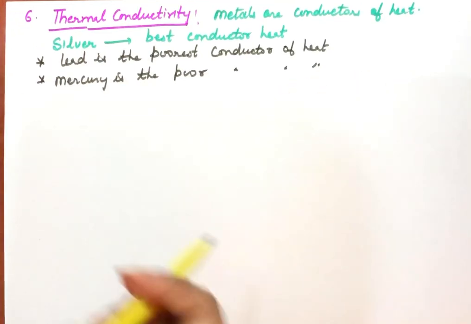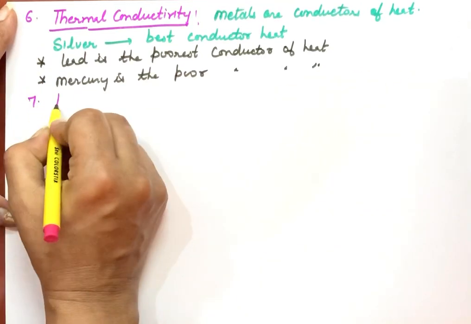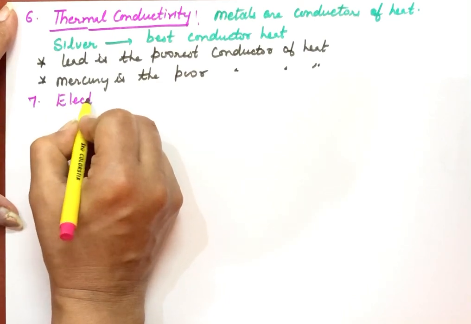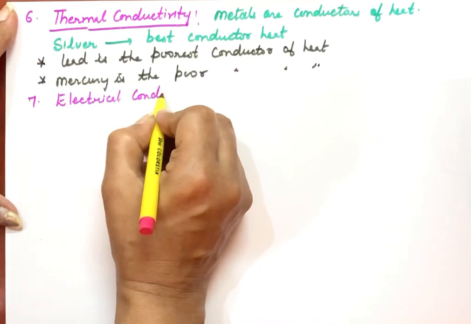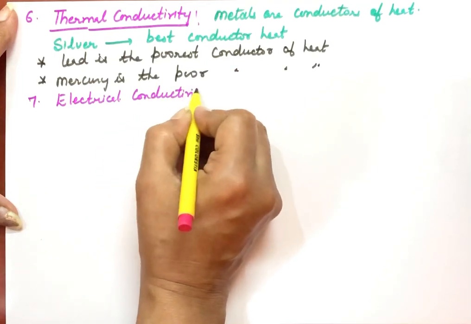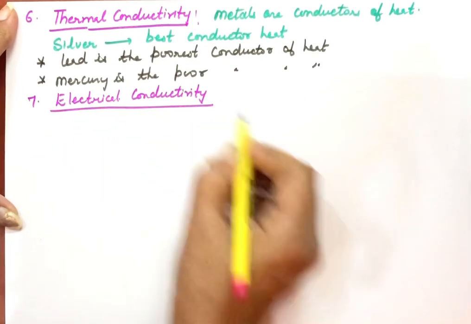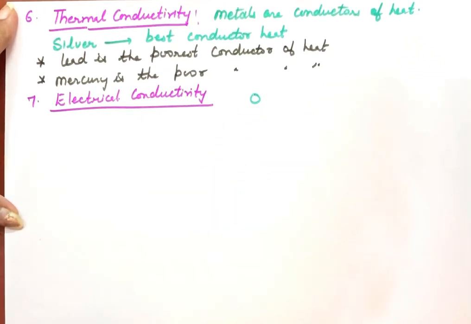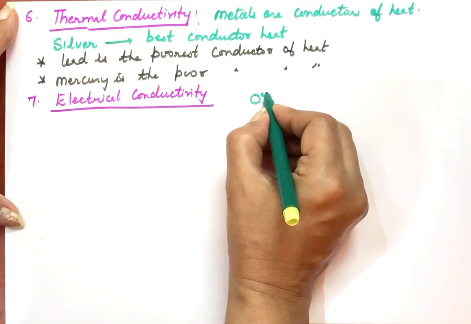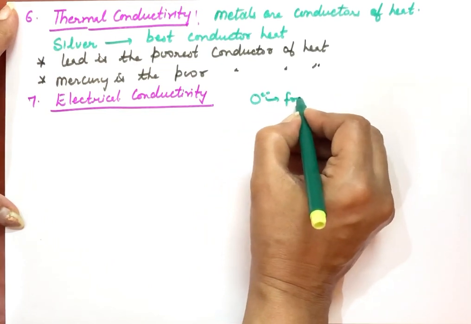Next physical property after thermal conductivity is electrical conductivity. Here the conductivity is electrical. Electrical means electricity. And since we are doing metals here, metals have electrons in them. This is an atom of metal. These electrons are free electrons.